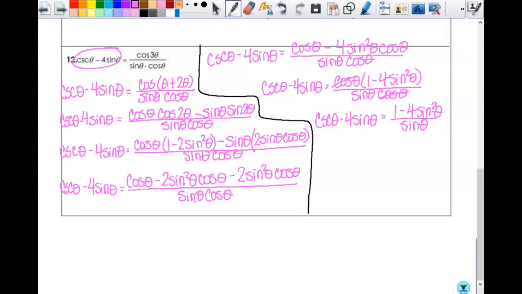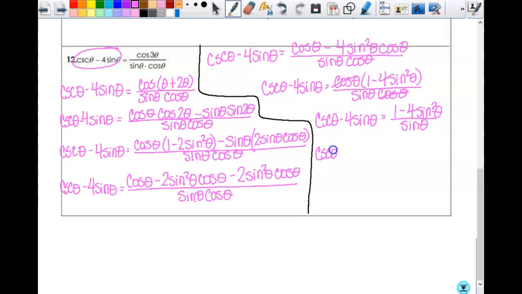All right, so this is 1 minus 4 sine squared theta. It's not just 1 minus sine squared theta, so I can't just substitute in a sine squared. However, it is a difference of squares. I could factor that into 1 plus 2 sine theta times 1 minus 2 sine theta, but that's not necessarily going to help me there, but I think I can split this fraction.